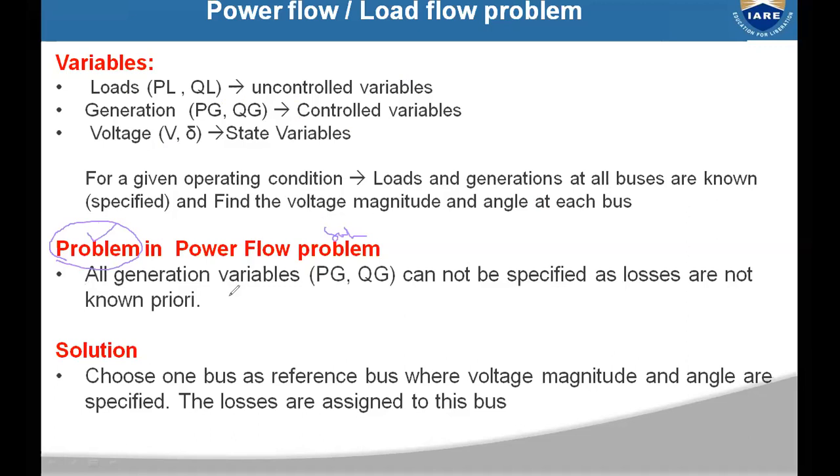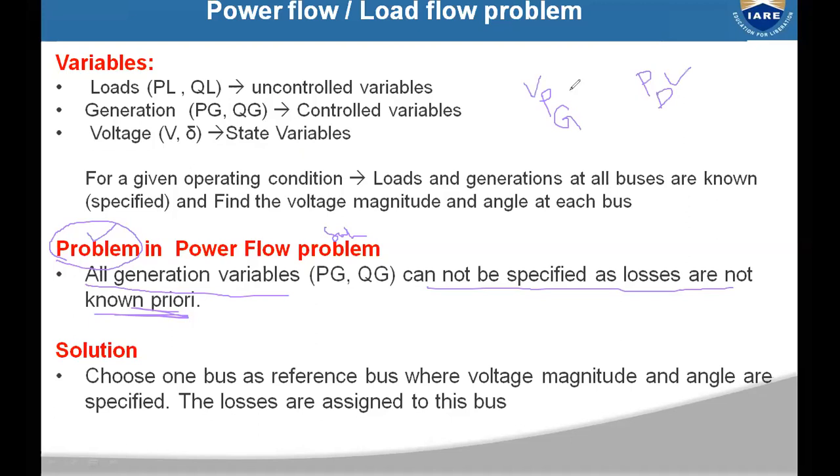All the generated variables cannot be specified unless losses are known. You know that generated power depends upon the demand; depending upon the demand, you will generate the power at the generating stations.